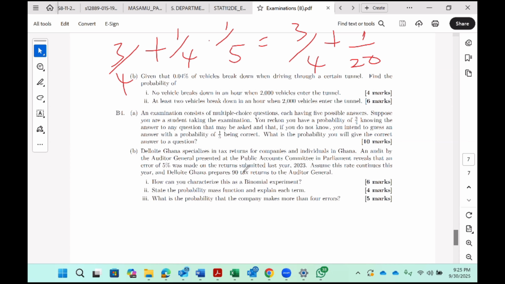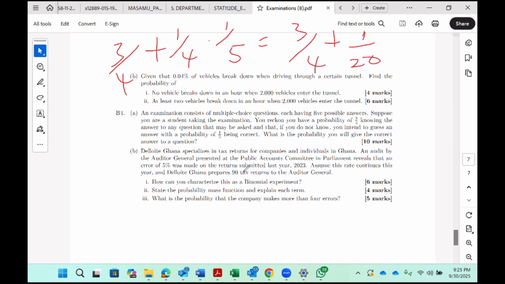So how will you categorize this as a binomial? You know that the probability of error for each tax return is constant throughout. So the probability that an error is found in any sample will be what? 5%, because you have been told that the audit by the Auditor General presented at Public Accounts reveals that an error of 5% was made on the returns submitted last year.